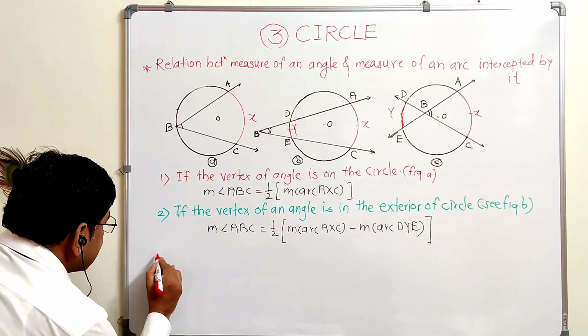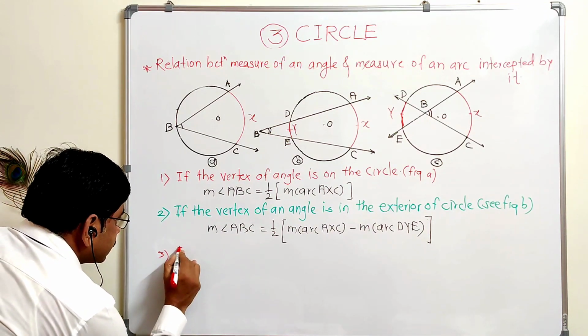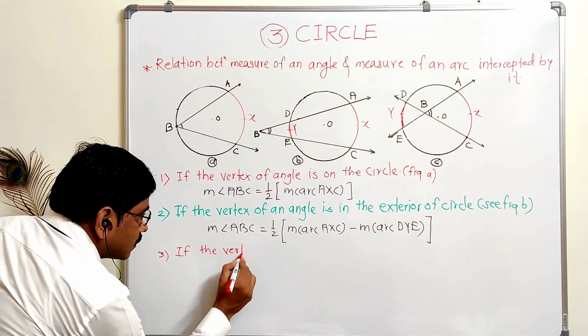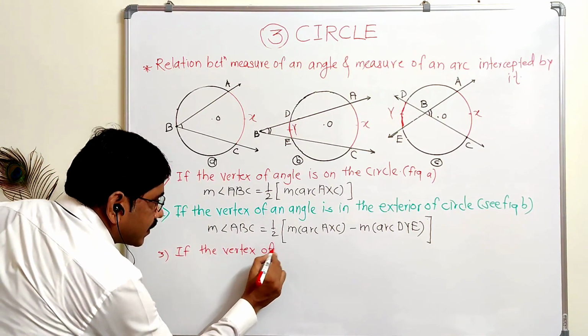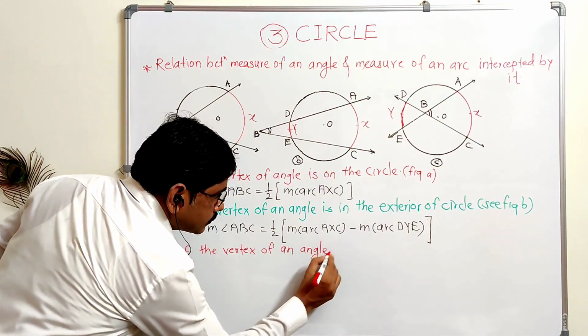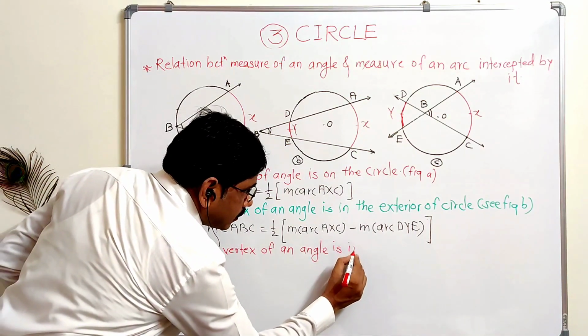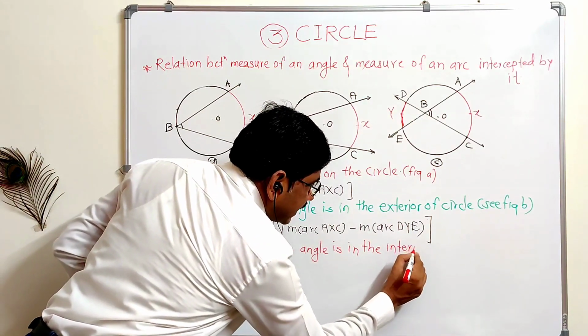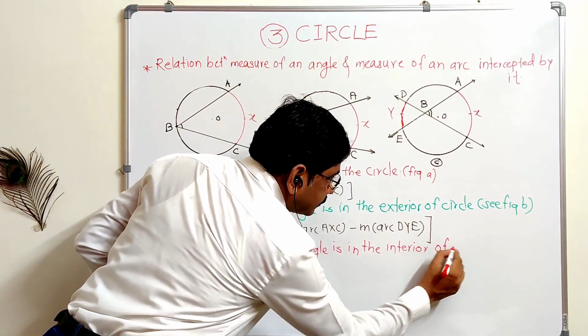So third relation, if the vertex of an angle is in the interior of the circle.